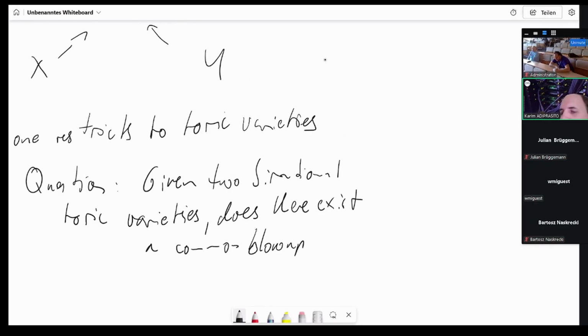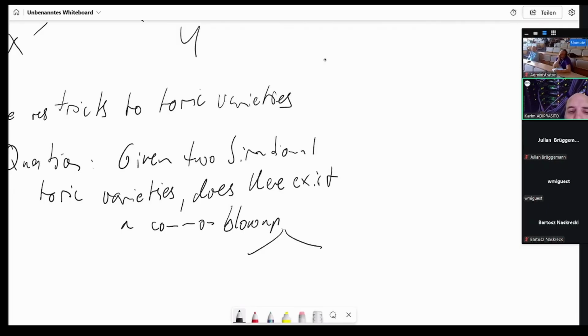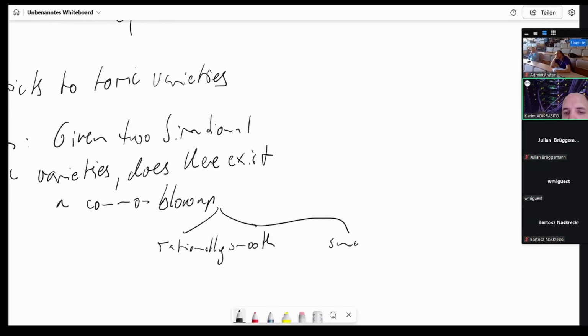Now you can restrict and ask at rationally smooth centers, or at smooth centers.